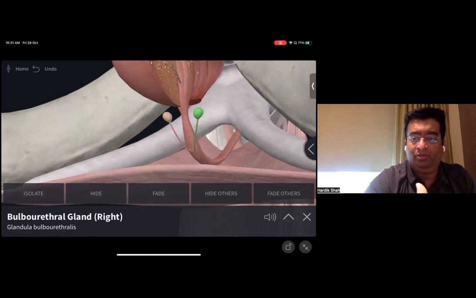So the mixture of these three fluids and the sperms together is known as semen. I repeat, the mixture of the three fluids from the three different accessory glands and the sperms together is called semen.